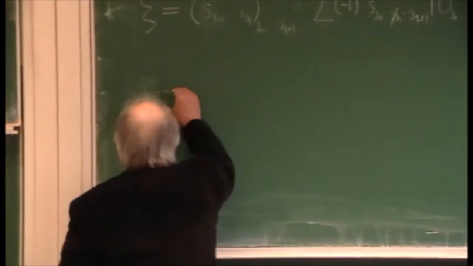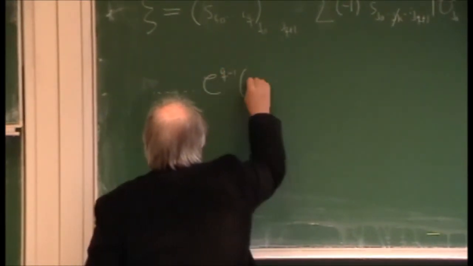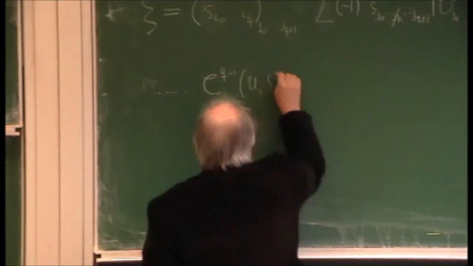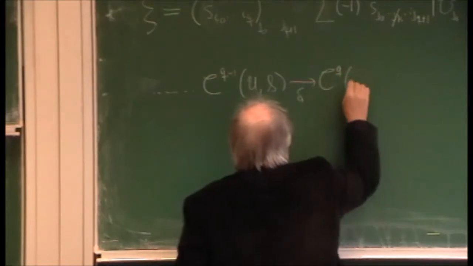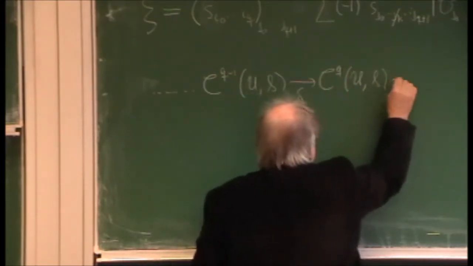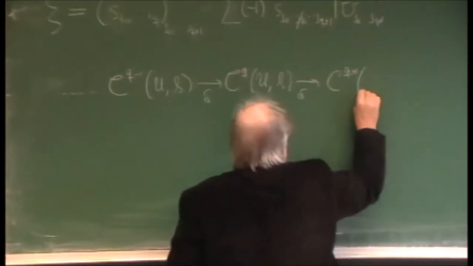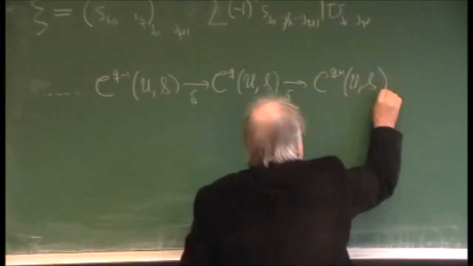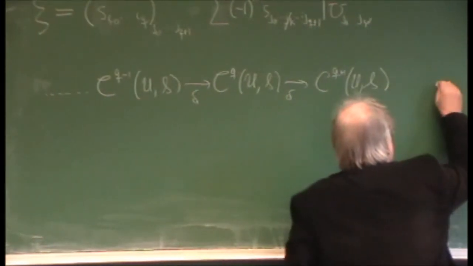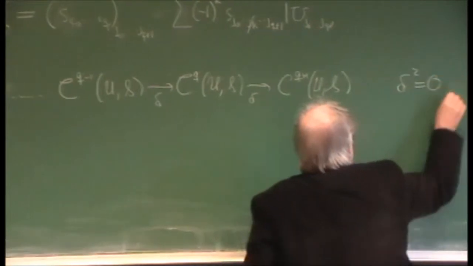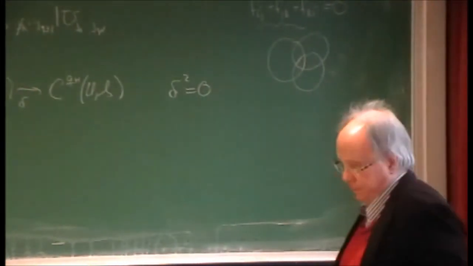So what we have here is the q minus 1 chains of U for the sheaf, boundary operator, the q chains, the sheaf, boundary operator, the q plus 1 chains, and of course, as we know, this is a complex. Formal check, this is a complex.